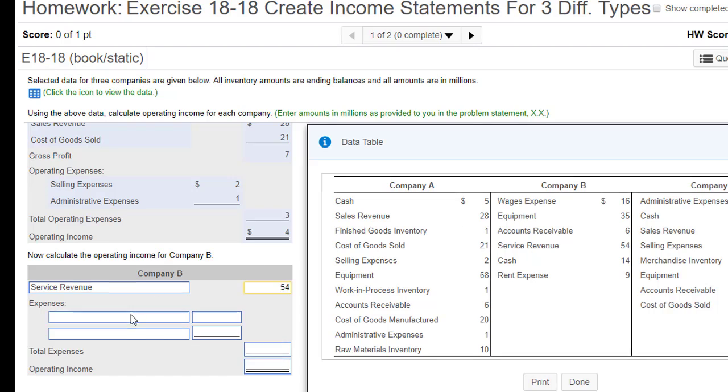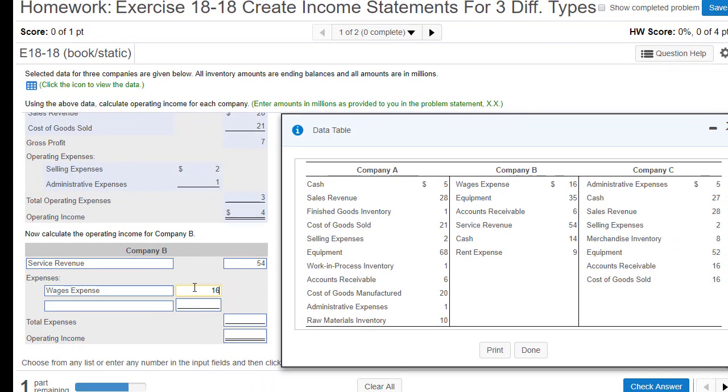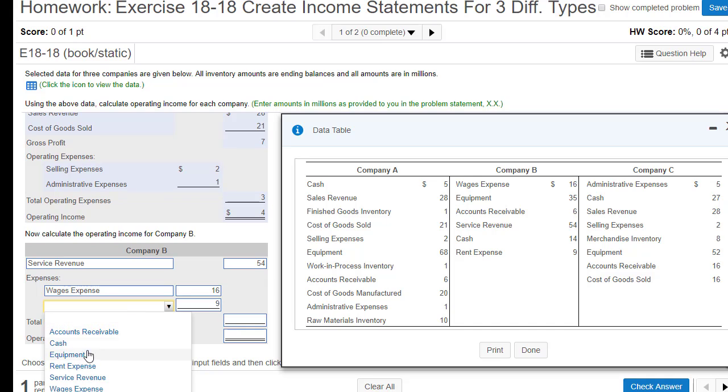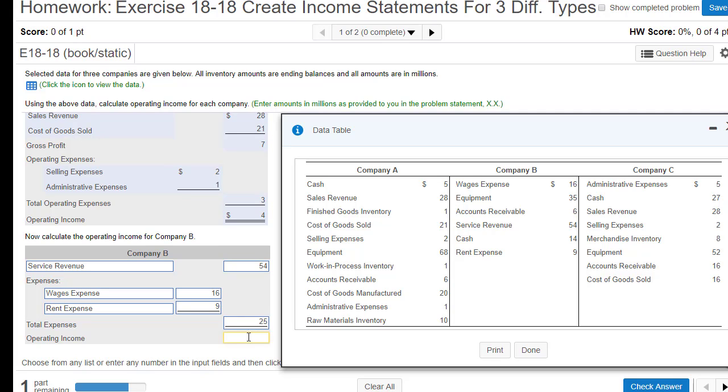We've got wages expense of 16 million. And what other expenses do we have? Rent expense of 9. This gives us 25 million of total expenses. So we take 54 million of service revenue, subtract 25 million, which gives us an operating income of 29 million.